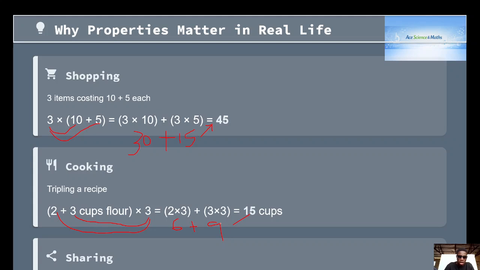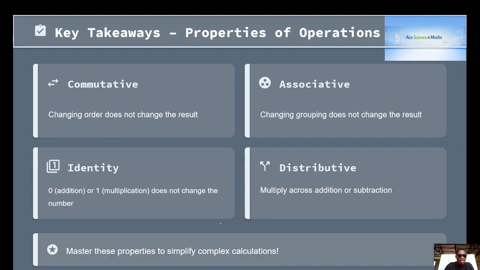So learners, in summary, I want us to understand that these properties are very important as far as our daily life and our academic progress is concerned. We learned that commutative property is just changing the order, which does not change the result. Associative property, changing the grouping does not what? Change the result.